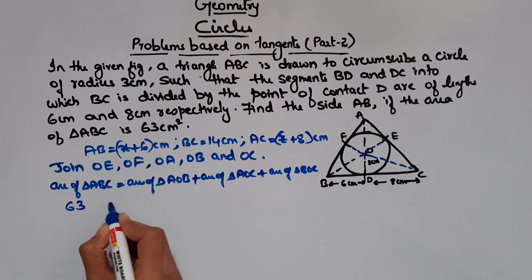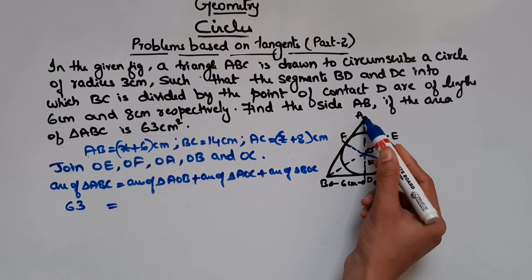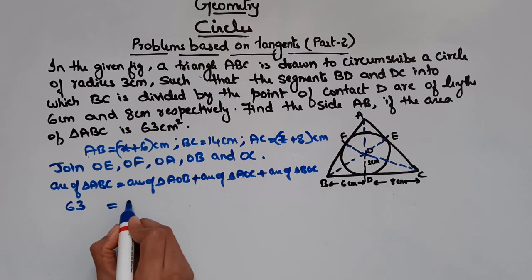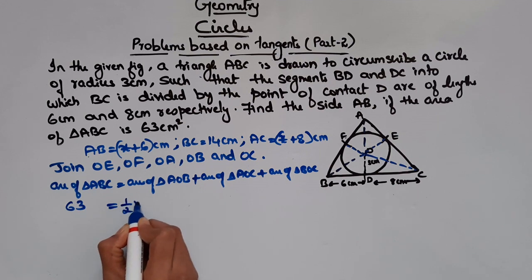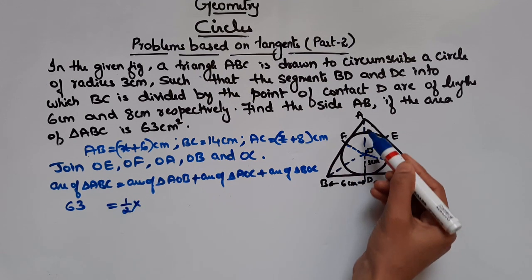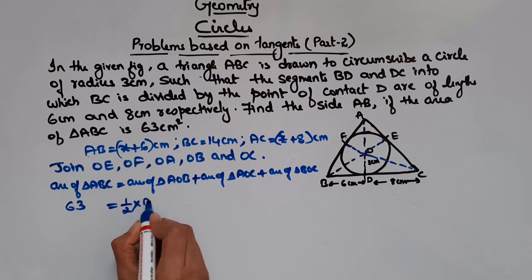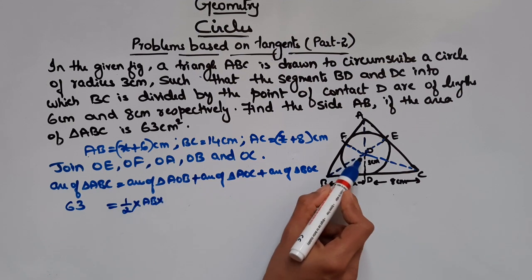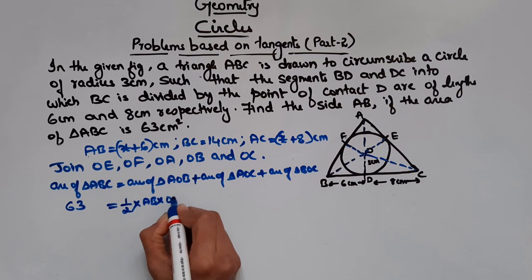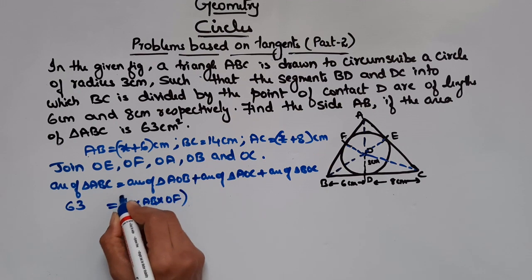So here we know area of triangle ABC is 63 square centimeter. So we can write 63, which is equal to area of triangle AOB. We know area of a triangle is given by half into base into height. Here base is AB into height here is OF, right?